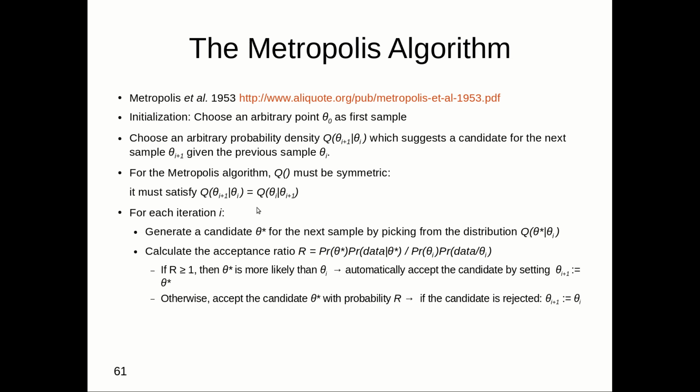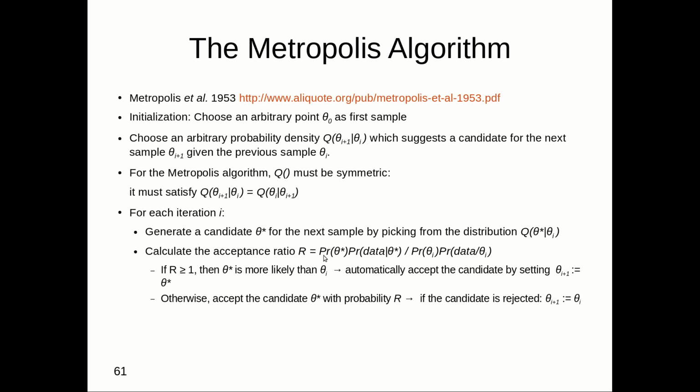So now how does that work? We have our starting point, we have our proposal distribution, and if we're at generation or iteration i, we generate a candidate theta star for the next sample by picking from the distribution Q(theta i to theta star). Then we calculate the acceptance ratio.